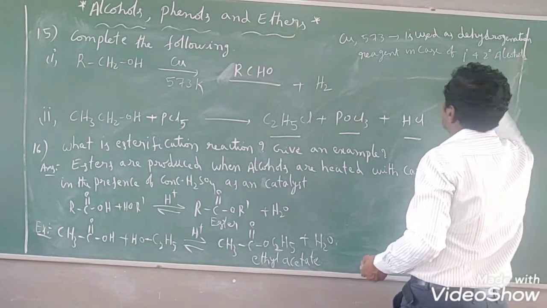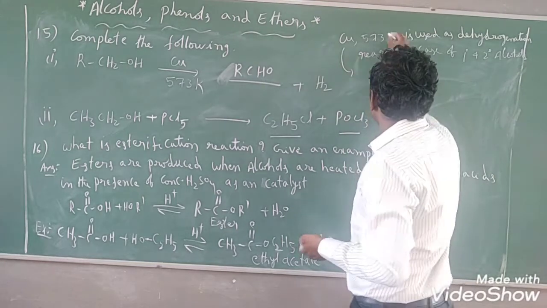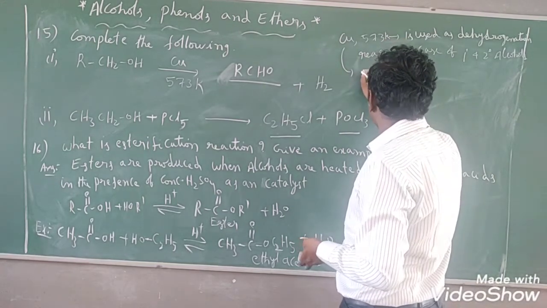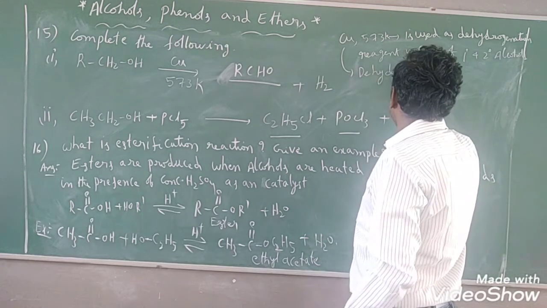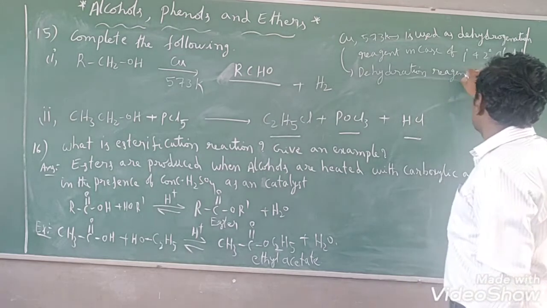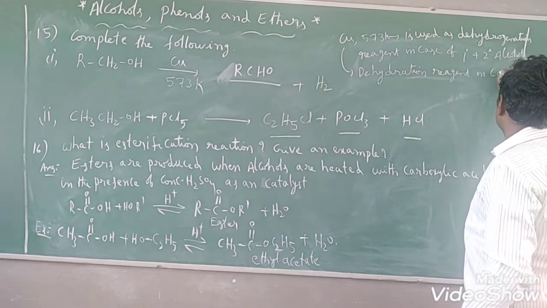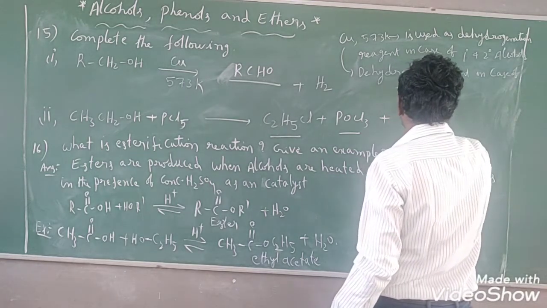In case of tertiary alcohols, this copper 573 Kelvin is used as dehydration reagent. That we have to try to understand.